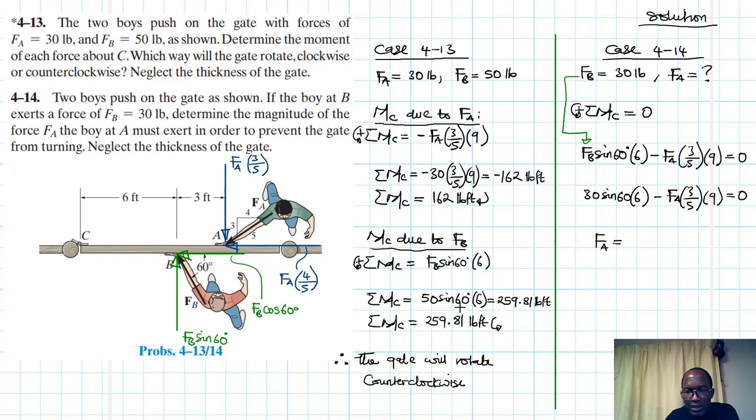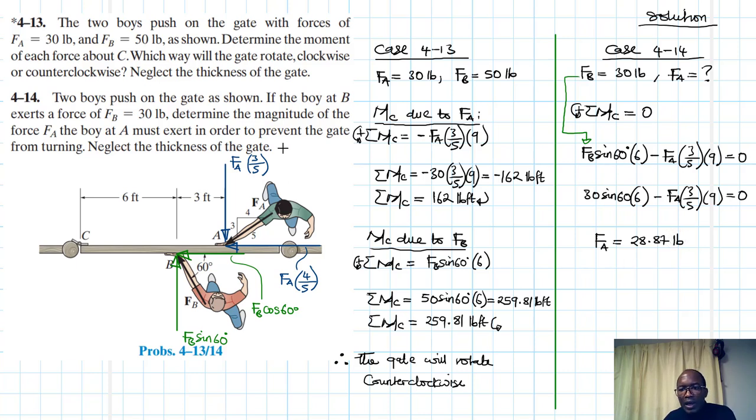So we have 30 sine 60 times 6 divided by 3 times 9 divided by 5. So FA is therefore going to be equal to 28.87 pounds.